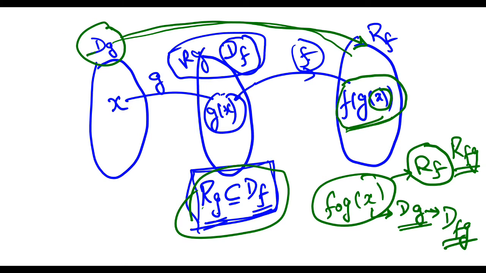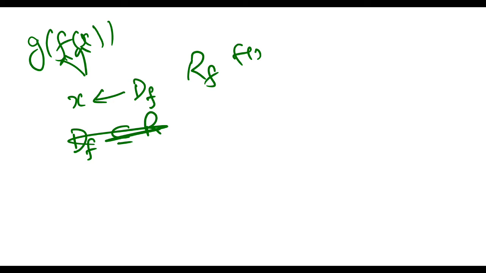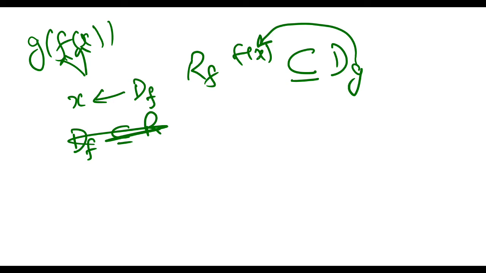So if you want to find g of f of x, you know that the first input value of x is into f. Therefore, the x comes from the domain of f, right? And then you need to check whether the range of f, which is f of x, is a subset of the domain of g, because g is going to be operated on f of x.